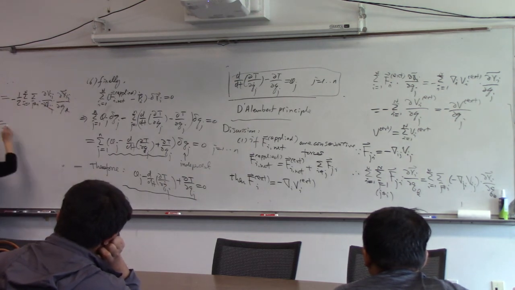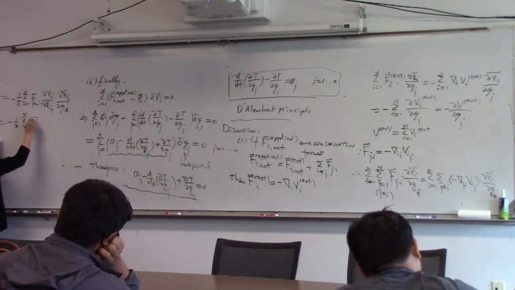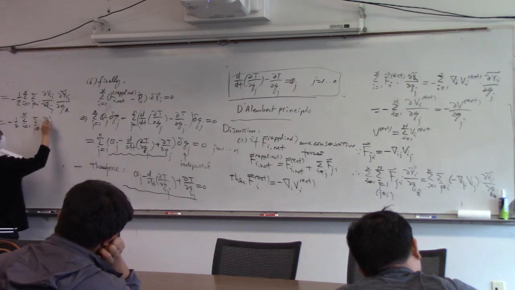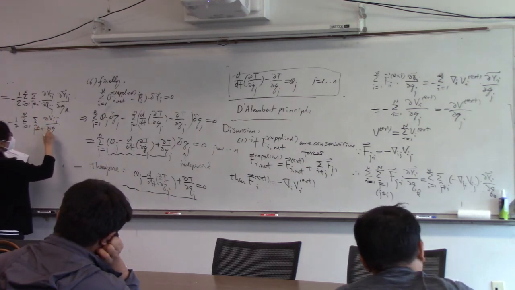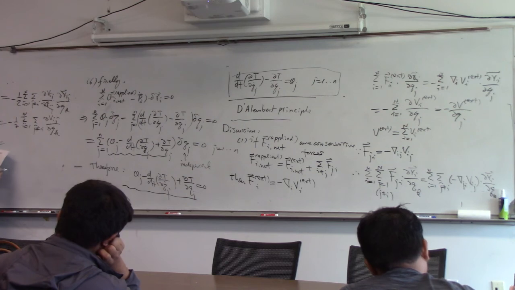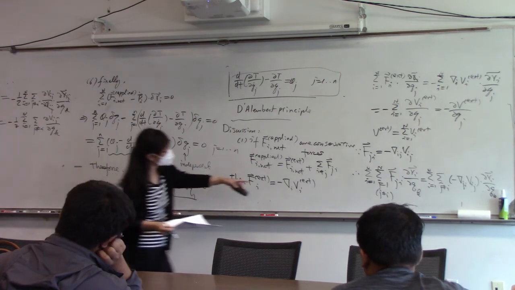Then you can see this minus half of the sum over i from 1 to n and j not equal to i, and then it's ∂V_ij over ∂q_k. Now q_k does not depend on i and j, right? So that is one term, and this is one term.